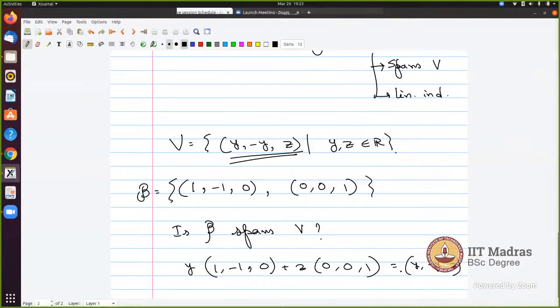That is also okay. So this answer is also yes. So beta is linearly independent and it spans V. What does that mean? That means beta is a basis of V, correct? And so the dimension of V is 2. Okay, is it clear? Yes.